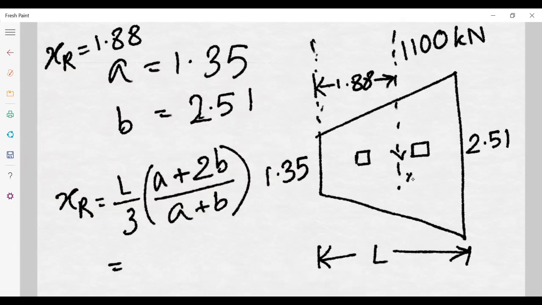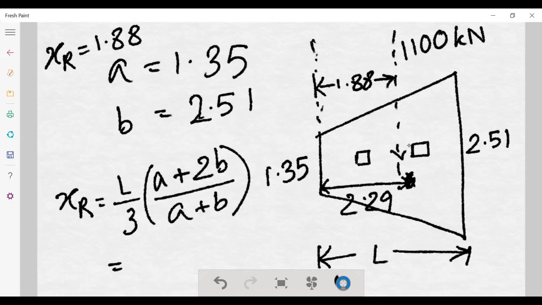So 2.29 or 2.3 will be somewhere here, this CZ. So almost near. We can say that yes, fine. We can flip it and we can keep these two values.